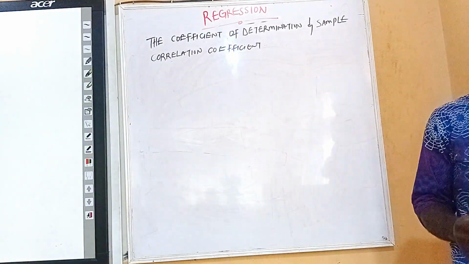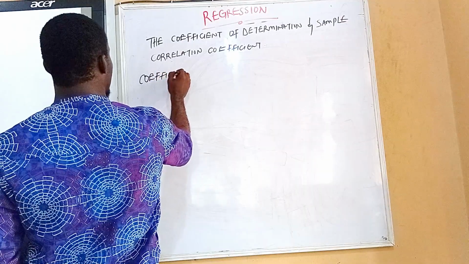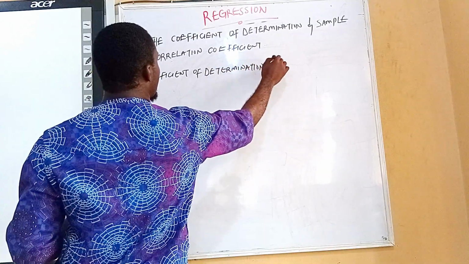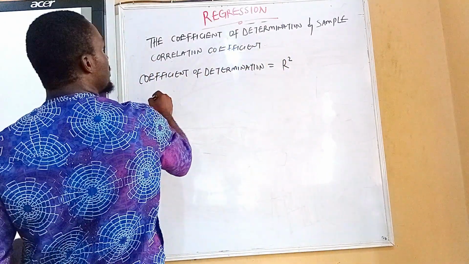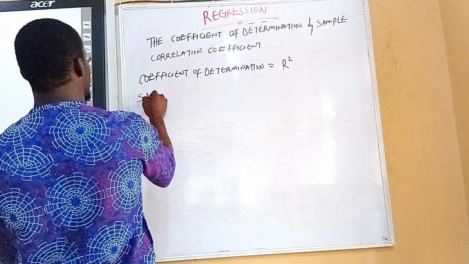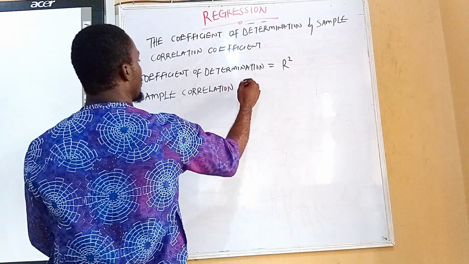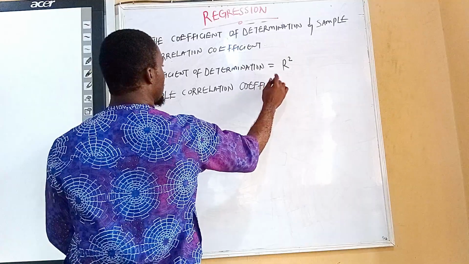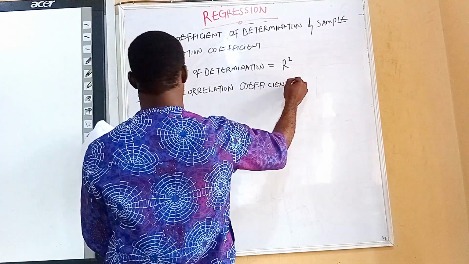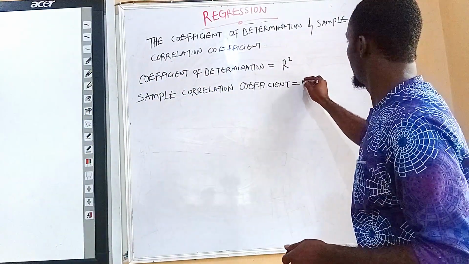The coefficient of determination is denoted as r squared, and the sample correlation coefficient is denoted as r.